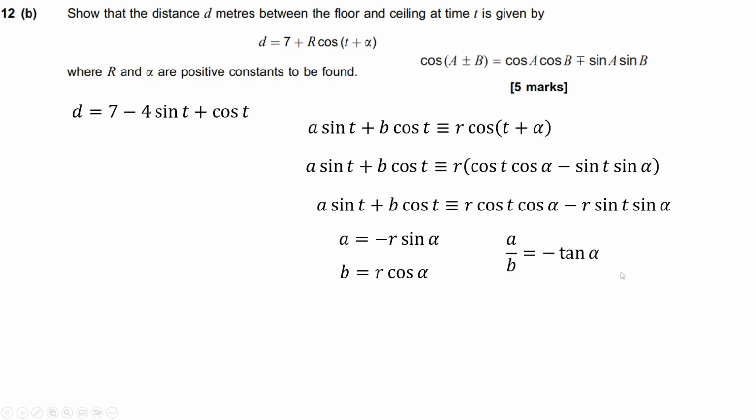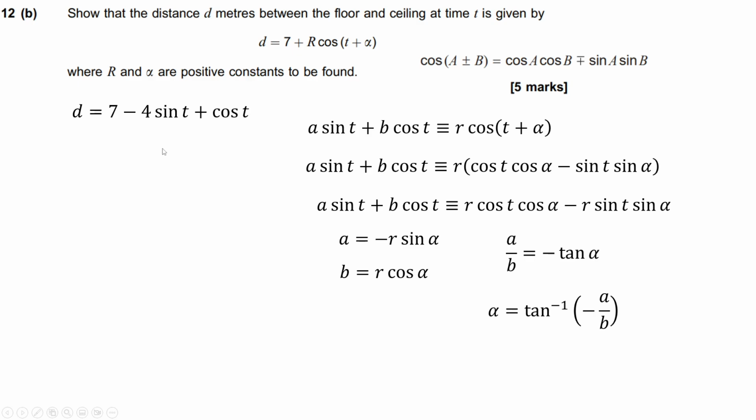I brought this to one side and then this to the other side, then did inverse tan of both sides to get the angle alpha. So the phase is represented by a over b, where a is the coefficient of sine t and b is the coefficient of cosine t.